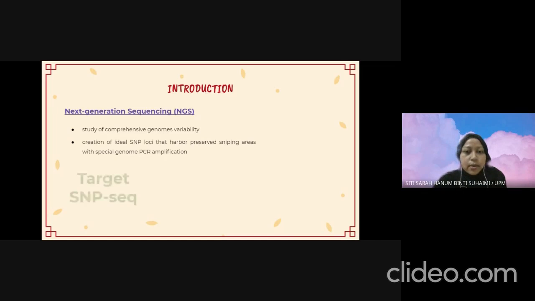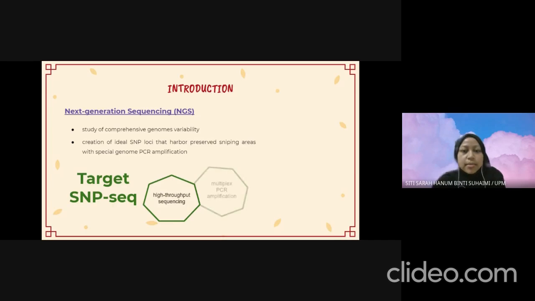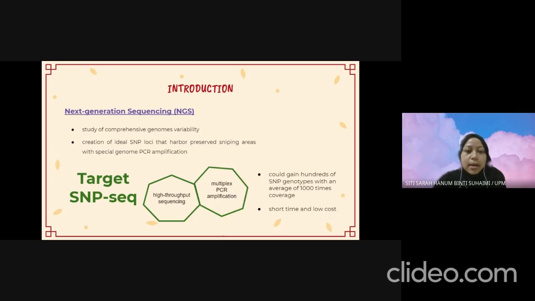A new method called target SNP sequence, which combines the advantages of high throughput sequencing and multiplex PCR amplification, has been developed by using genome-wide perfect SNPs, which meet the requirements of harboring conserved flanking sequence and being captured uniquely in PCR amplification. This approach could gain hundreds of SNP genotypes by sequencing the SNP region with an average of 1,000 times coverage in a short time and at a low cost.